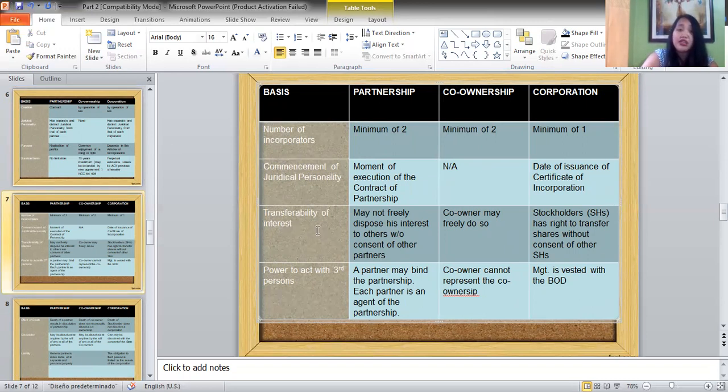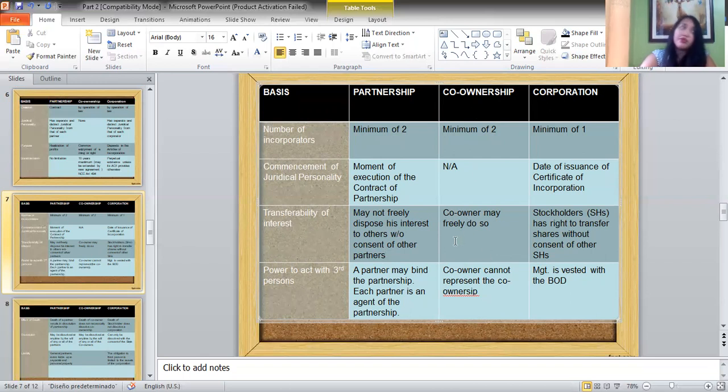Sa transferability of interest, partnership, may not freely dispose his interest to others without consent of other partners. Diba? Delectus personae, yung doctrine na diniscuss natin last video. Co-ownership, co-owner may freely do so.